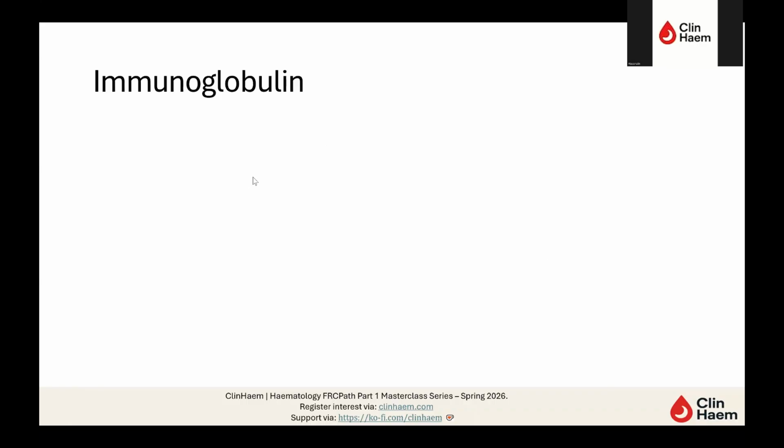Now, this was immunoglobulin. Can anybody tell me what a paraprotein is? A monoclonal protein. So all of them are the same and they're produced in excess rather than having a variety.